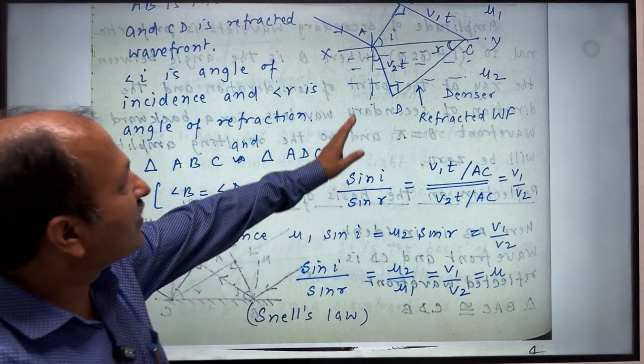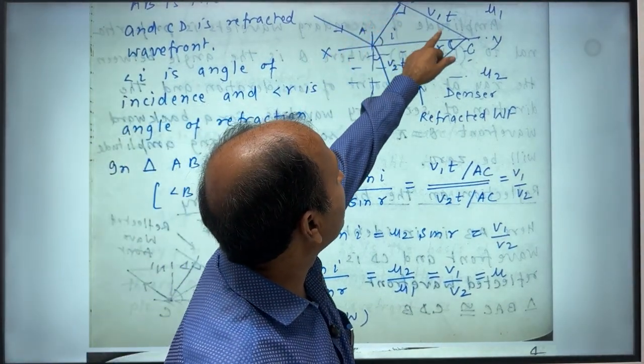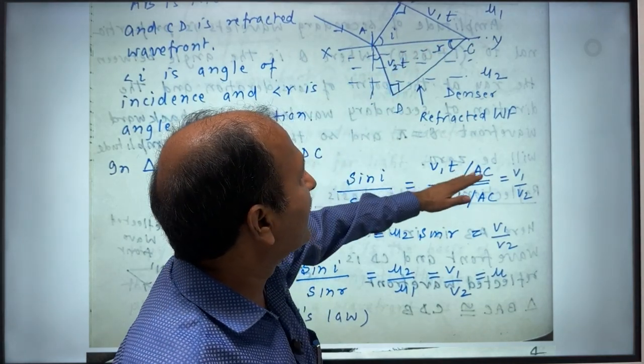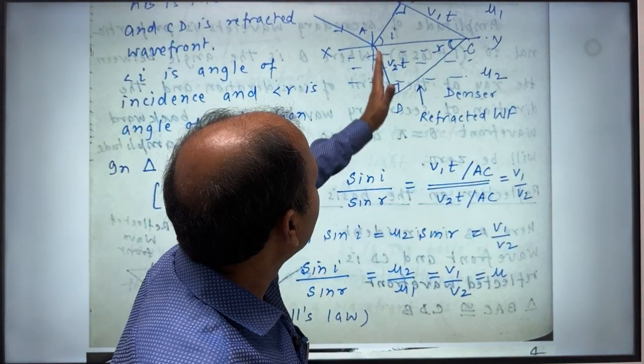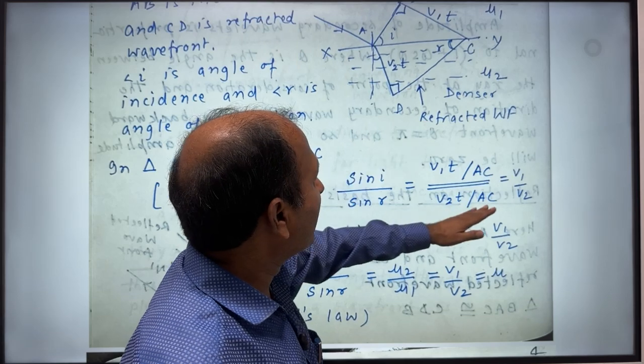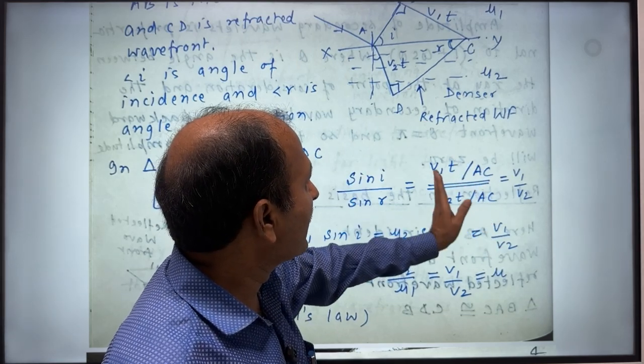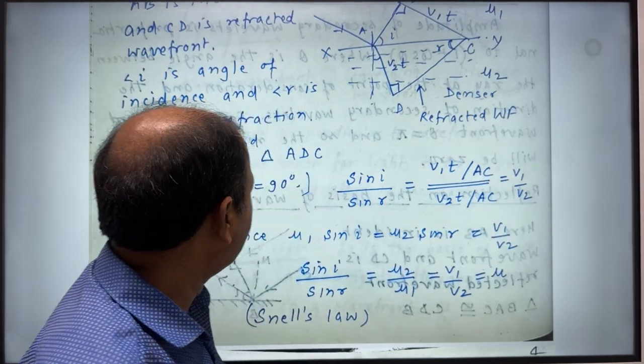So sin I, as I told you, the perpendicular will be V1T and AC will be the hypotenuse. So V1T divided by AC, divided by the perpendicular, which will be V2T divided by AC. So here AC will cancel out, T upon T will cancel out, then V1 upon V2 will be left.